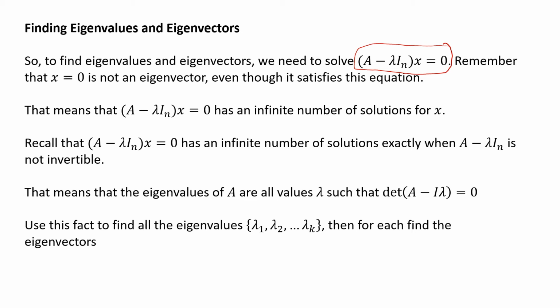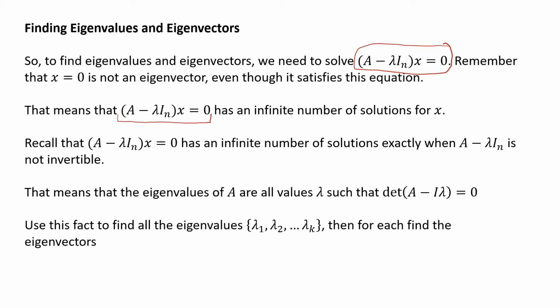So this means that that equation will have an infinite number of solutions. Because remember, there's no such thing as a single solution. It's either you have no solutions or you have an infinite number of solutions, okay, for this type of equation. Well, when does this have an infinite number of solutions?